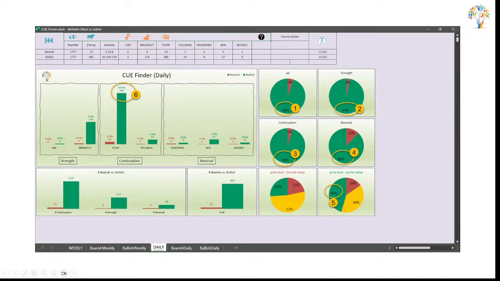Daily technical breadth, all setups bullish, strength setups bullish, trend continuation bullish, reversals bullish, bullish all across the board. Nearing overbought condition. When this percentage hits 50% or more, what is this percentage? Percentage of stocks giving bullish setup that are already at price extreme high.